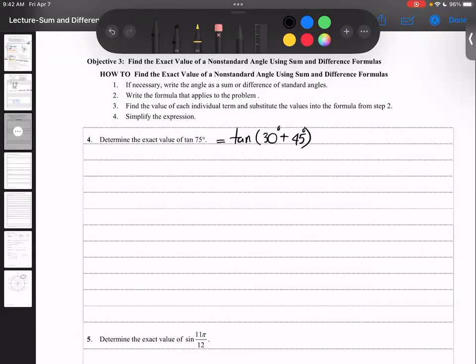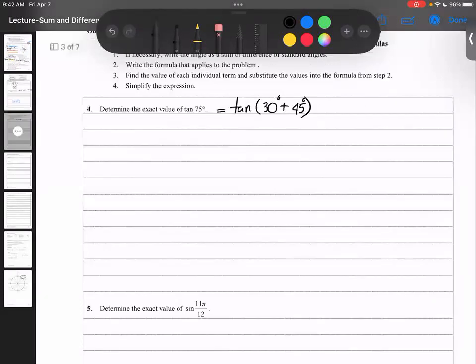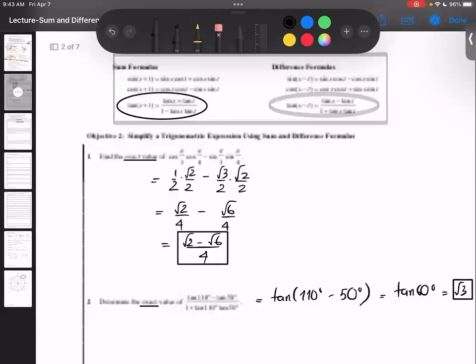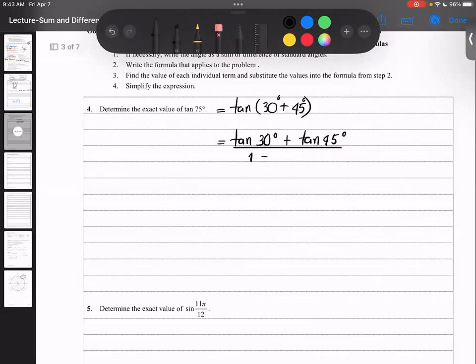And once you have that, you can use the formula, right? So this is your S, and this is your T. Tangent of S plus T, look it up here, is tangent S plus tangent T divided by 1 minus tangent S tangent T. So this is equal to tangent of 30 plus tangent of 45 over 1, so 1 minus or 1 plus? 1 minus tangent 30 times tangent 45.